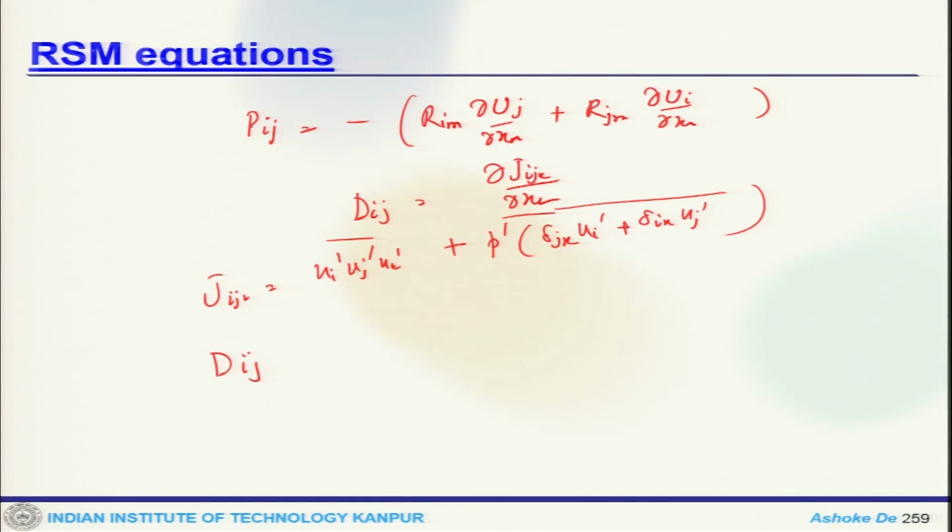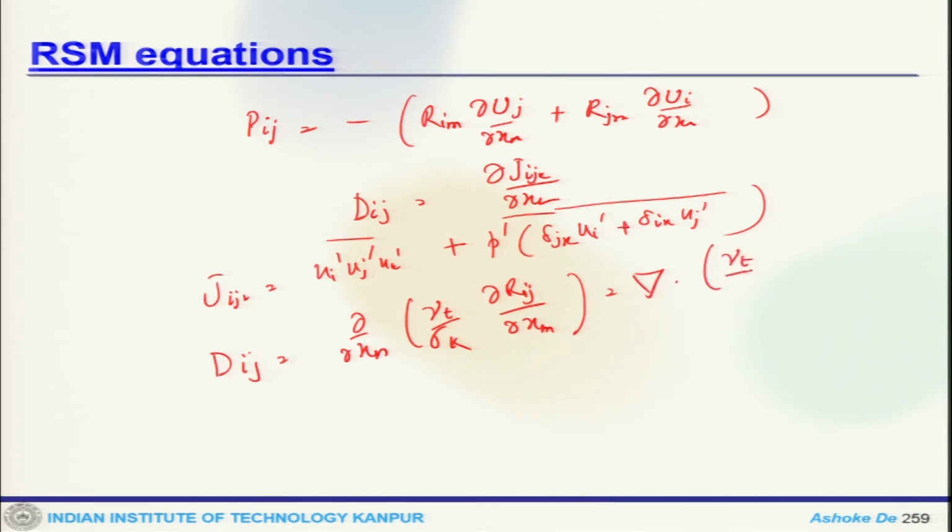The diffusive transport model Dij is del xm of nu t by sigma k del Rij by del xm, the divergence of nu t by sigma k grad Rij, where nu t is the turbulent kinematic viscosity and calculated in the standard way.